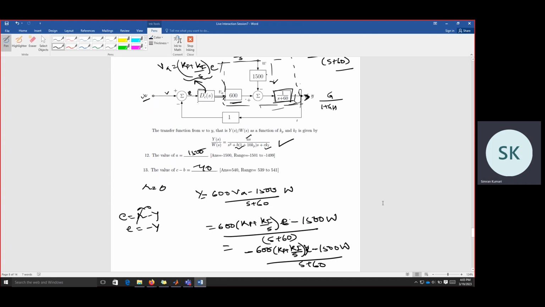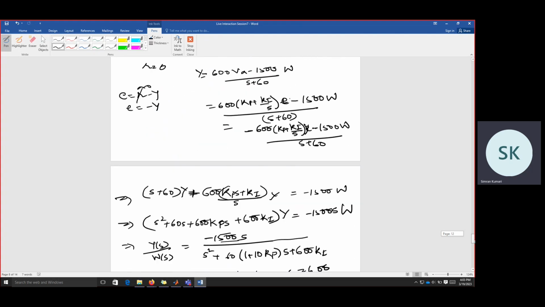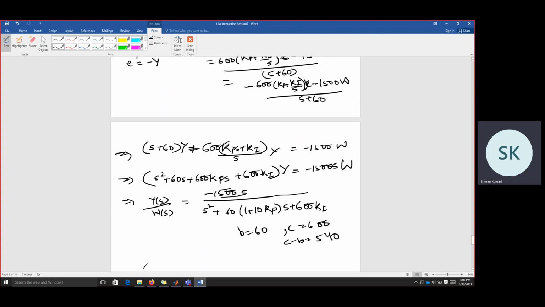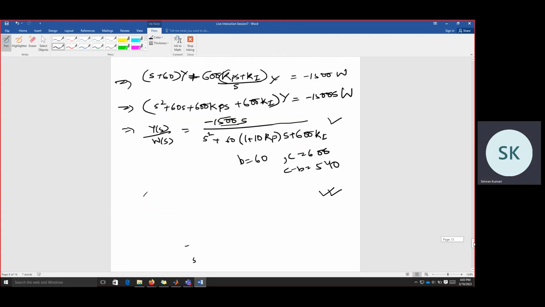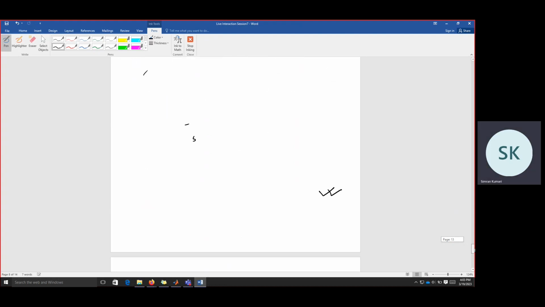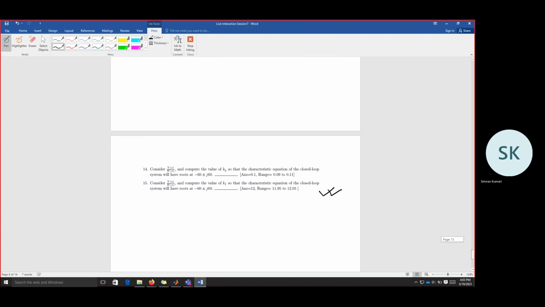Now you know what the transfer function of the output from the disturbance is. Okay, now proceed to the next question.